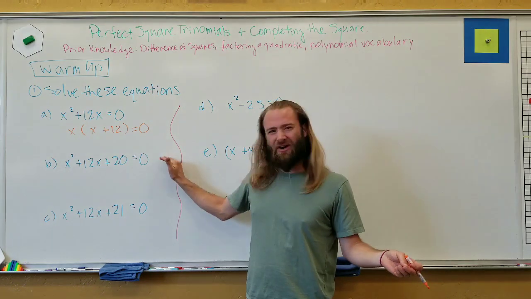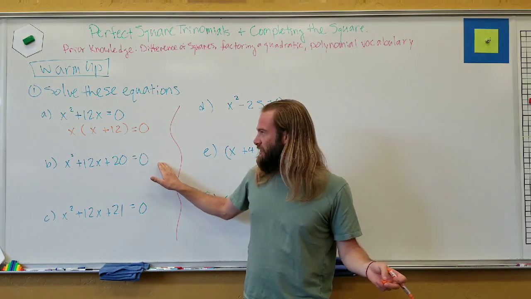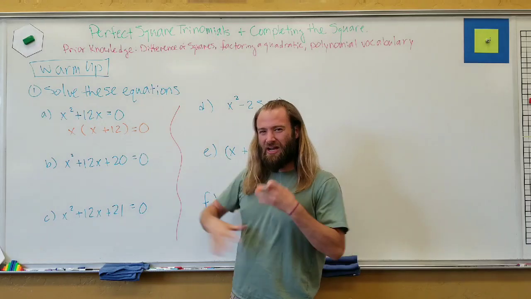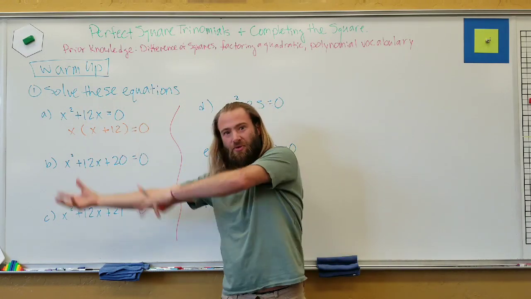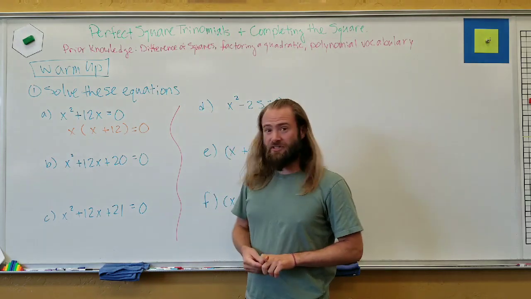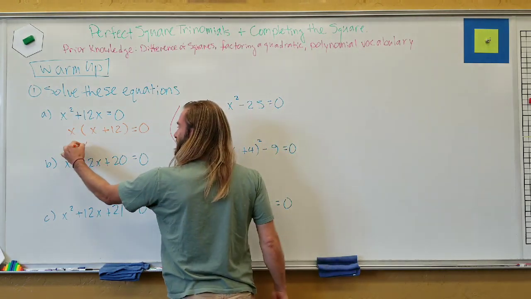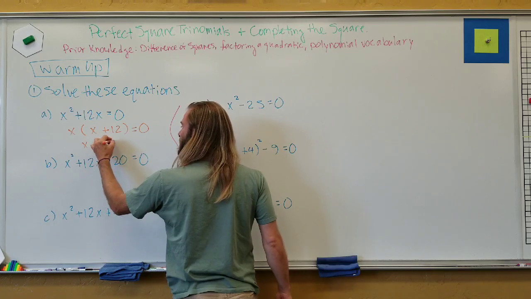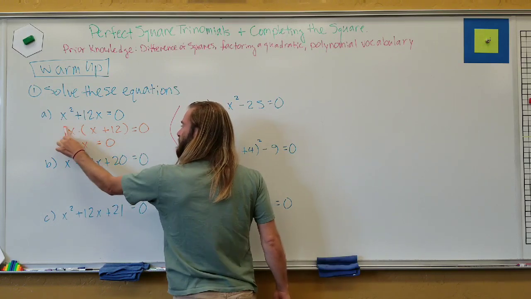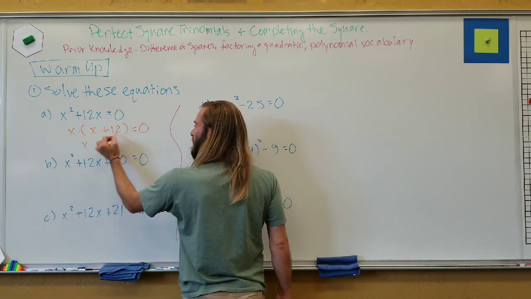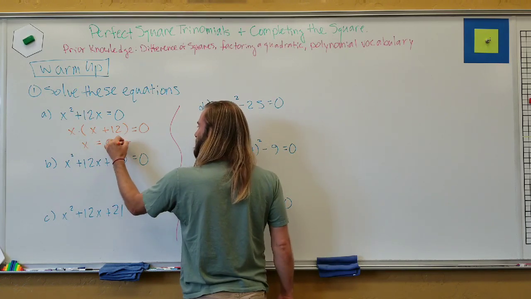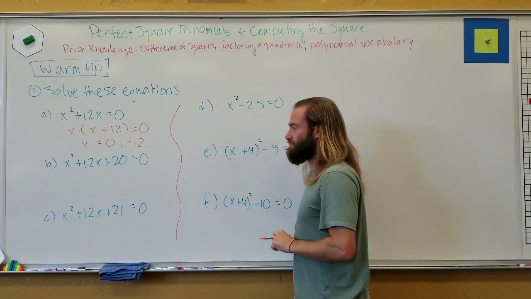That's why we had to figure out a different way of solving ones like this one. So ones like A are kind of the easiest ones. Is there anything in common between everything? Then we can pull that out first, and it makes it easier to solve. And then here we can see either x equals 0, because 0 times anything gives 0, or x equals negative 12, because that makes this piece 0. So 0 or negative 12.